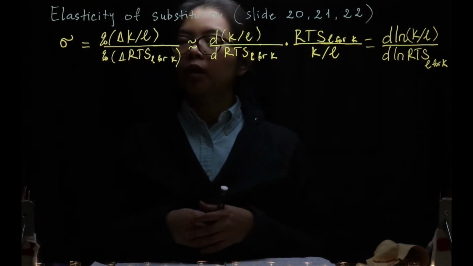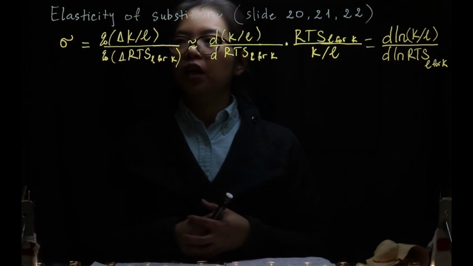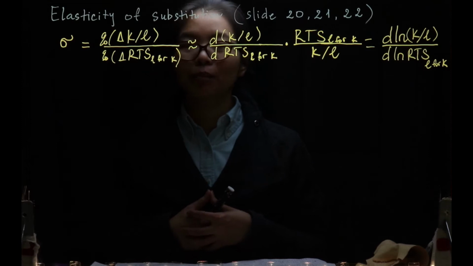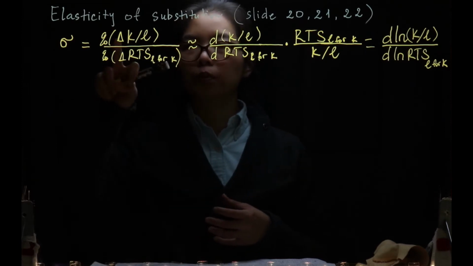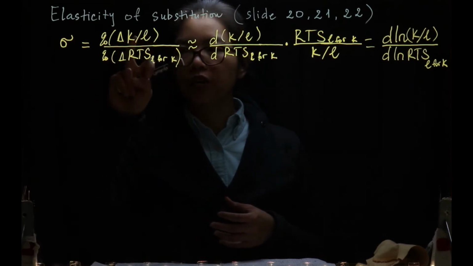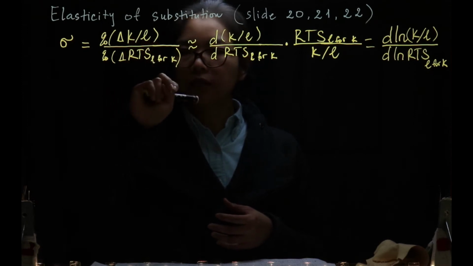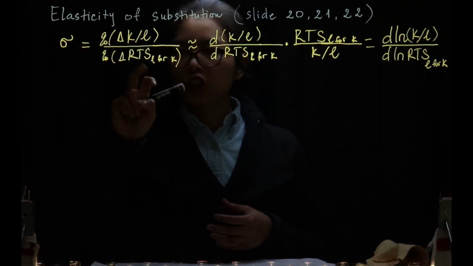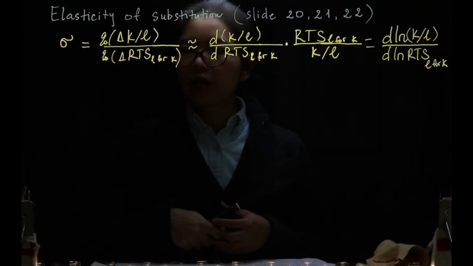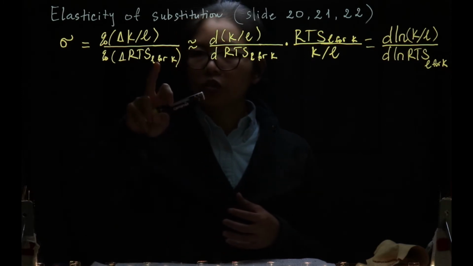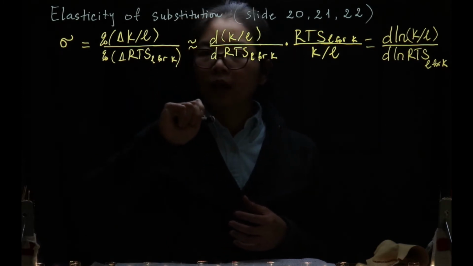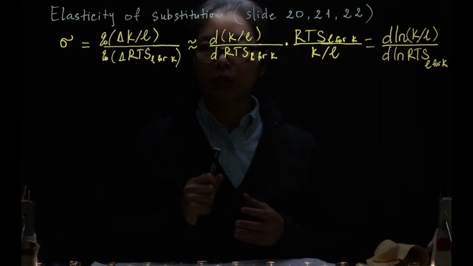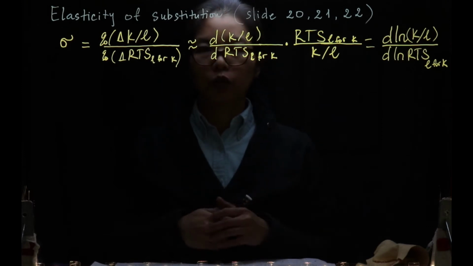We're going to see. The definition of elasticity of substitution, usually denoted as sigma, is the proportionate change of the ratio between K and L over the proportionate change of the marginal rate of technical substitution of L for K, when we move from one point to another point on the same isoquant.